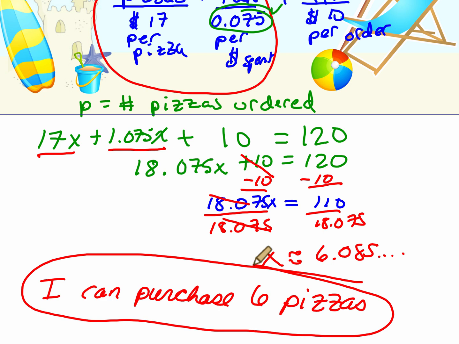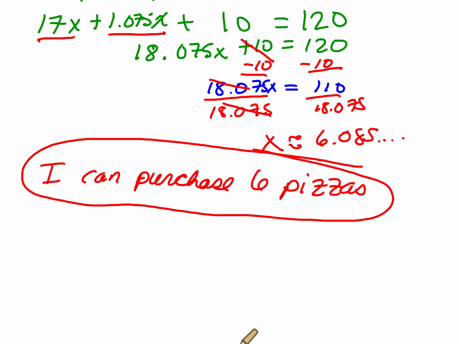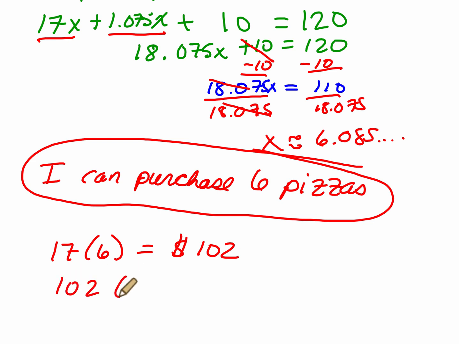To check my answer, I can go back and do $17 times 6. That makes $102. Now I'm going to do the tax. $102 times 7.5% is $7.65.